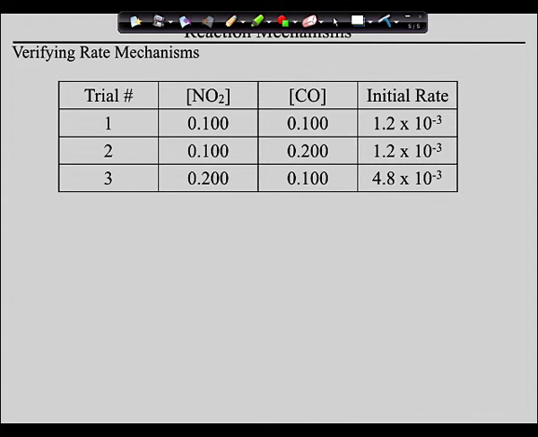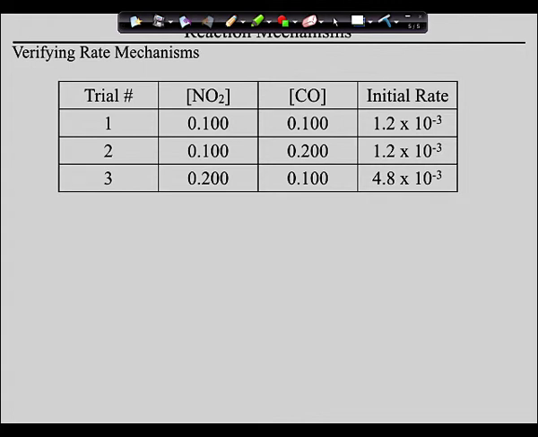Referencing trials 1 and 2, when NO2 is held constant and the concentration of CO is doubled, the rate does not change, indicating that this reaction is 0 order in CO. Good? This is saying a 0 order reaction. That's fine. Absolutely. But make sure that you're indicating that it's the CO and not the NO2.